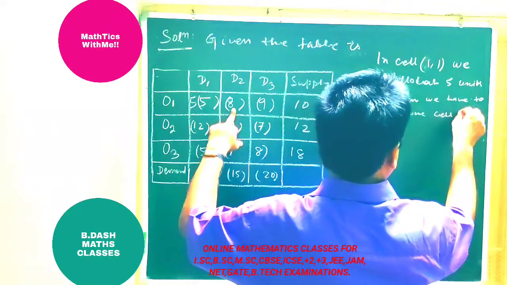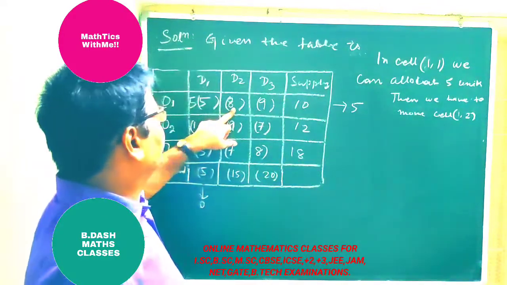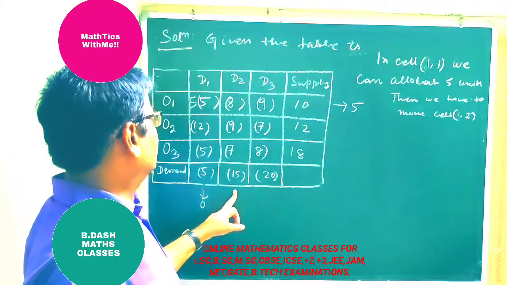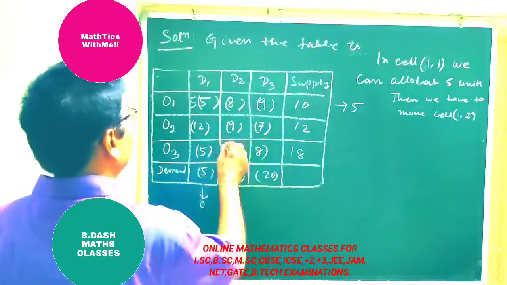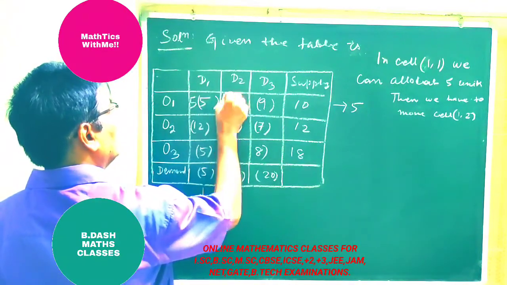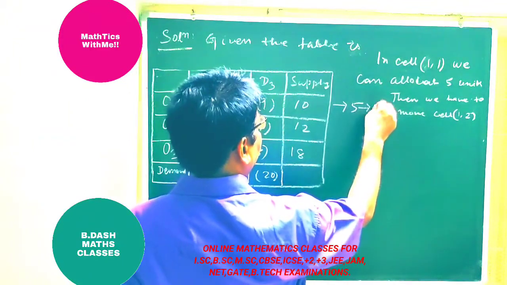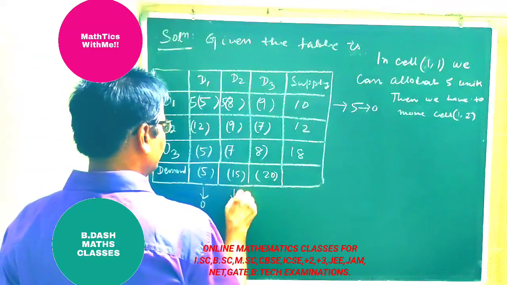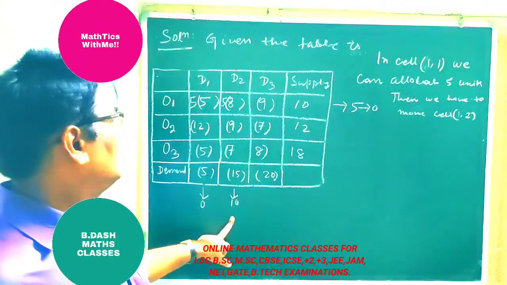For cell 1 2, here supply is 5 and this is 15. So we can allocate a maximum of 5 here. When we allocate 5 here, this becomes 0, and here 15 becomes 10 units left.